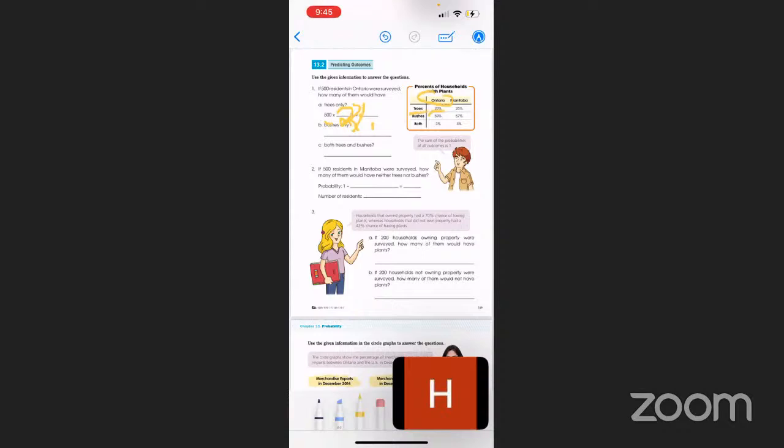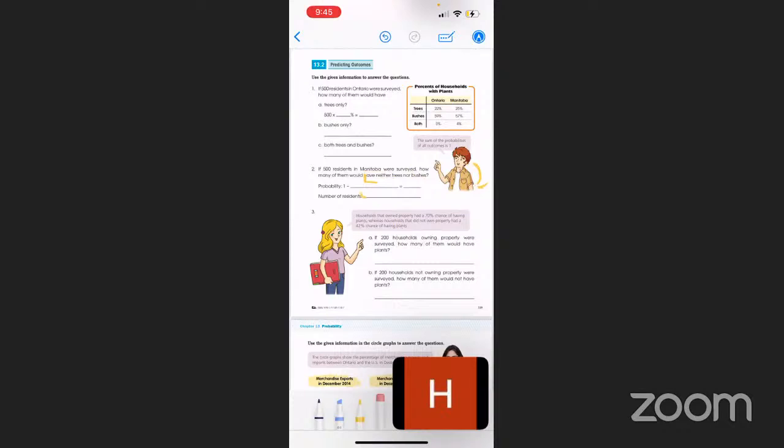So can you multiply 500 by 0.22? Sorry, 500 multiply, because we have to convert 22% to a decimal, so it's actually 0.22. So can you multiply? 110. So these are the amount of people that have trees in there.